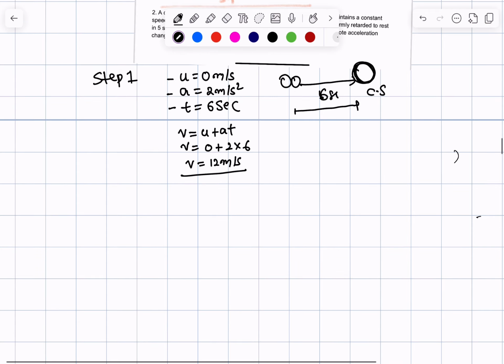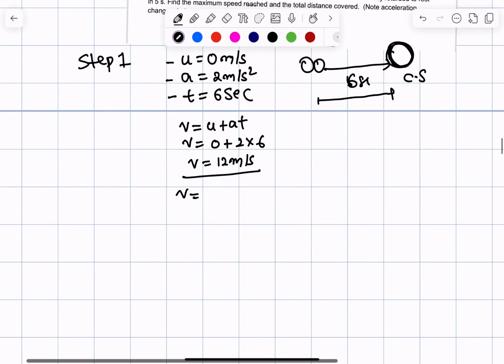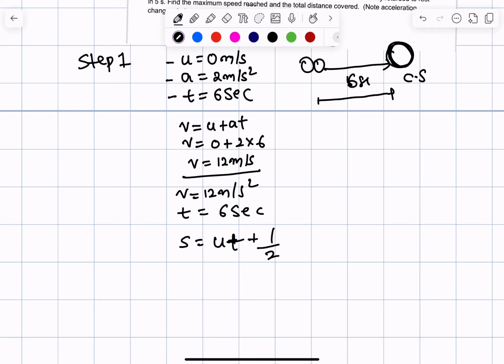So distance is simple. You know the formula, v square is equals to u square plus 2as. No, just a moment. Now you know the velocity, that is 12 meter per second, and now you know the time, that is 6 seconds. So you say simply s is equals to ut plus half at square. u is 0.